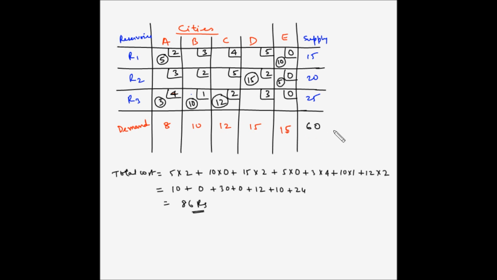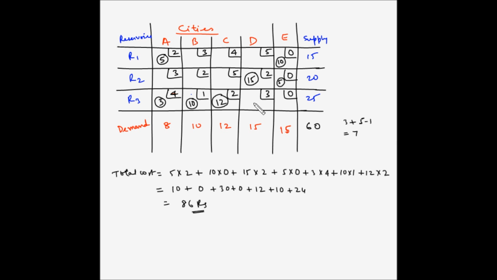Now m plus n minus 1 here is 3 plus 5 minus 1, which is 3 plus 5 is 8, minus 1 is 7. Now let's count the number of allocations. So 1, 2, 3, 4, 5, 6, 7. So the number of allocations is equal to m plus n minus 1. So the first condition is met.